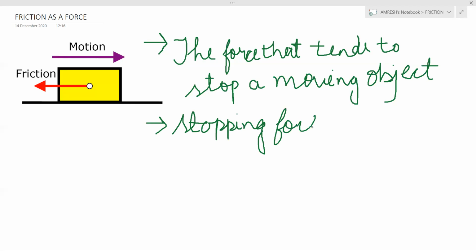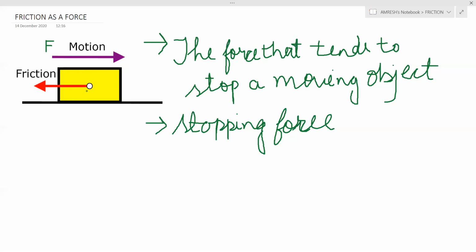Now, this is R. Now see, what is stopping force? Suppose there is a block and here force F is applied, and in the previous class we have learned that force causes a body to move. This block is moving over a surface, so the body is in motion.